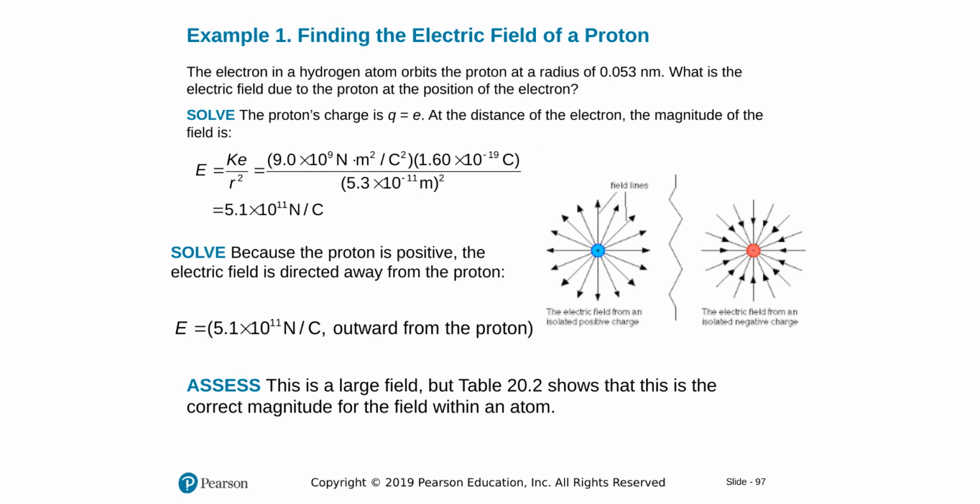This is an example here, finding the electric field of a proton. The electron in a hydrogen atom orbits the proton at a radius of 0.053 nanometer. That would be our R. So if I want to symbolize that, I have a proton. Let me put it as plus P, and electron orbits it.